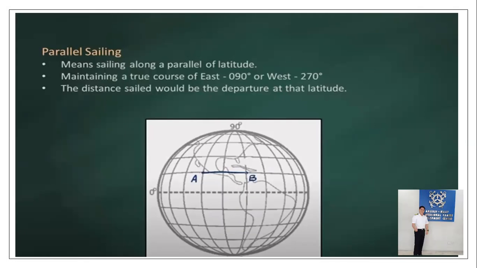The distance sailed would be the departure at that latitude. It is almost the same as the plain sailing. It is just that you will be navigating on the same latitude.